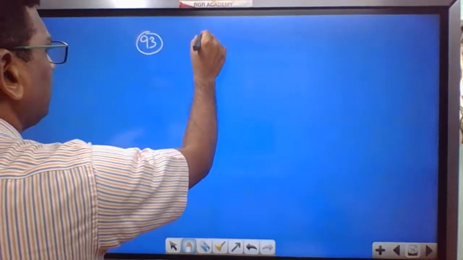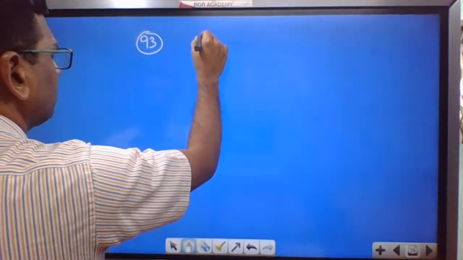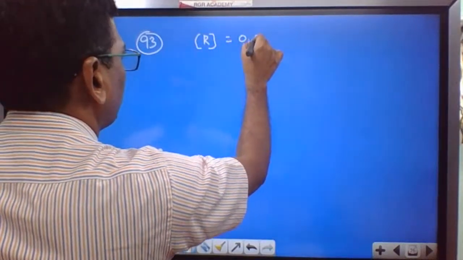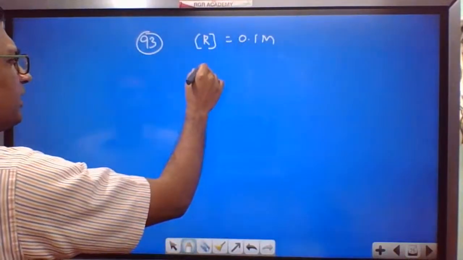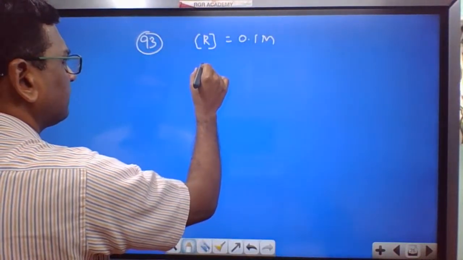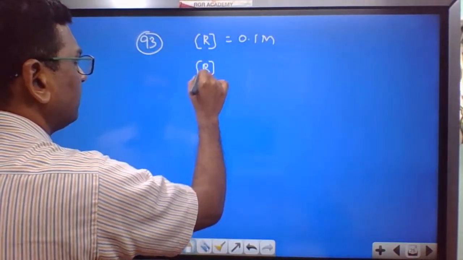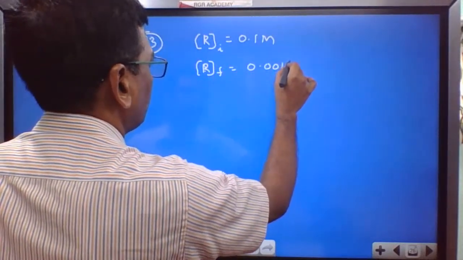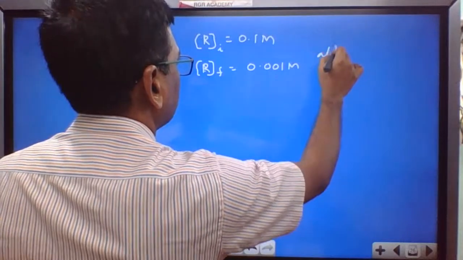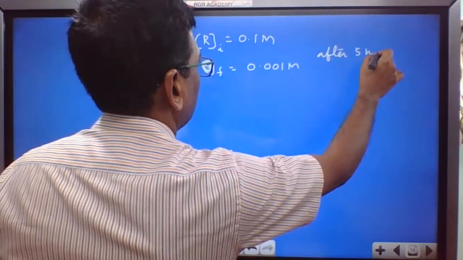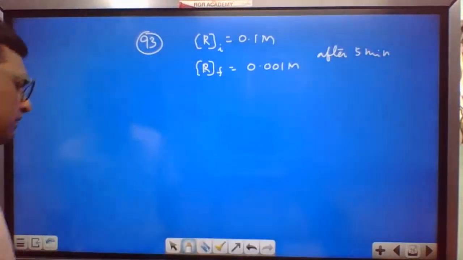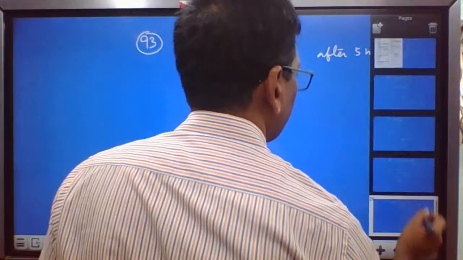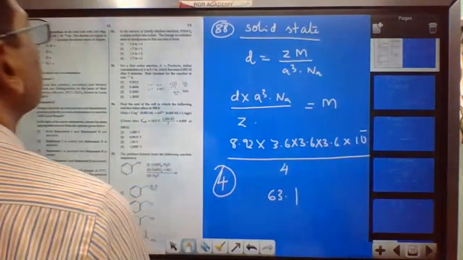See, initially the concentration of reactant is 0.1 M. After 5 minutes, the final concentration is 0.01 M. Then they are asking us to calculate the rate constant.